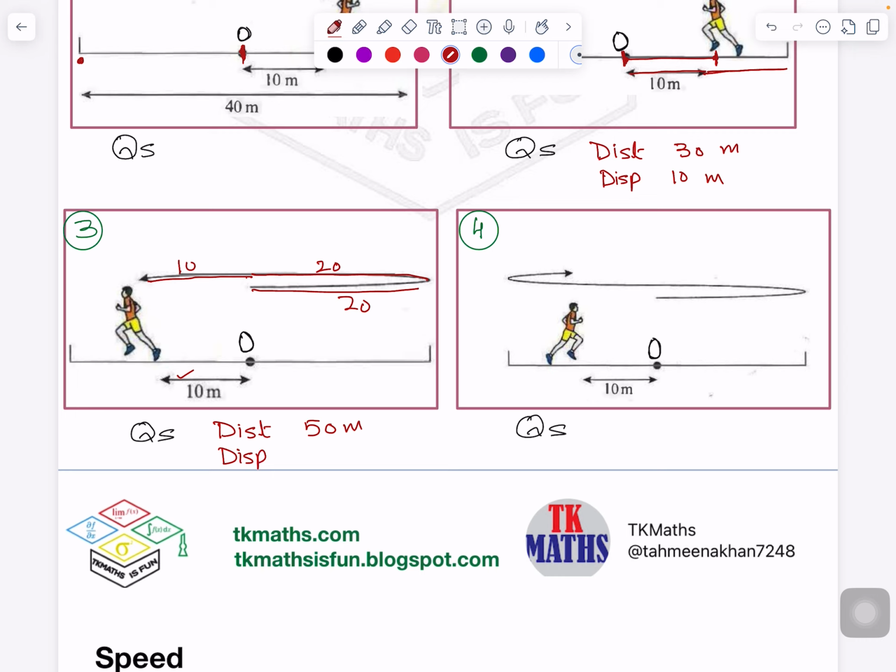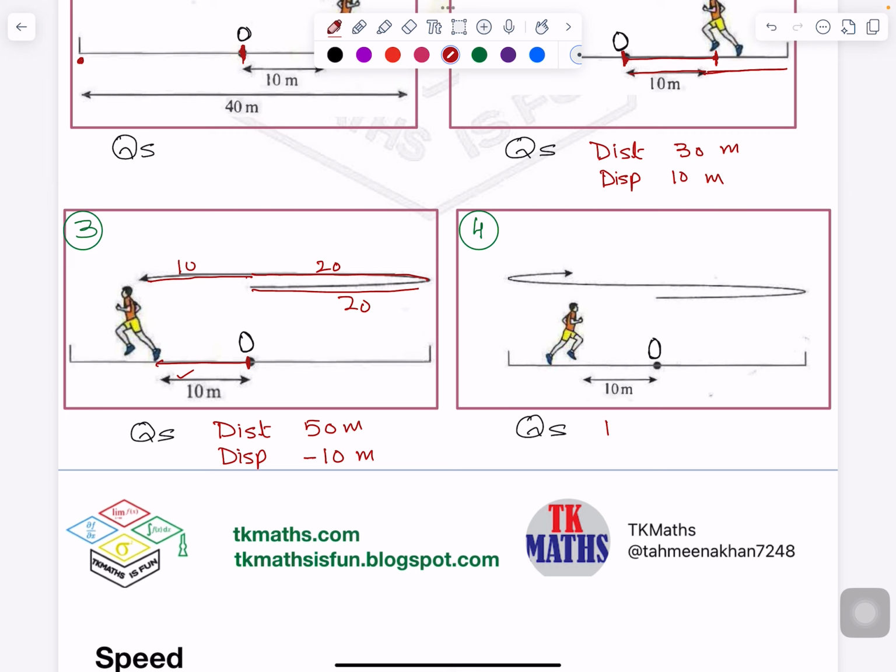And what is the displacement? Because displacement is from the origin and now it is in this direction, left side, it is minus 10 meters. Conventionally, the right hand side is taken as positive, left hand side negative, up positive, down negative, right? Conventionally.